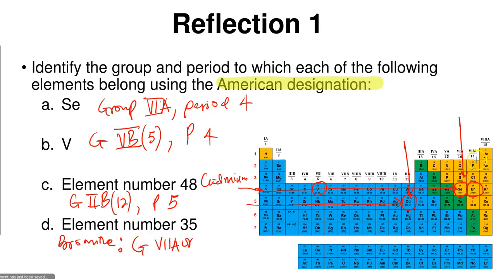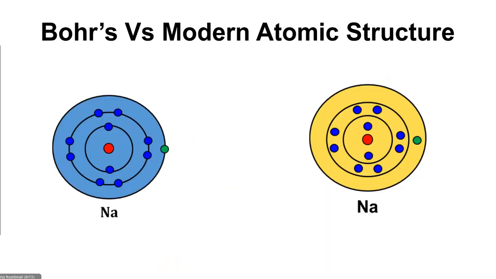Or if you don't want 7A, you say group 17, the IUPAC system. And the period is also period 4. So every element has a period and a group in which it is located, and the family. So it's important you know how to do this.